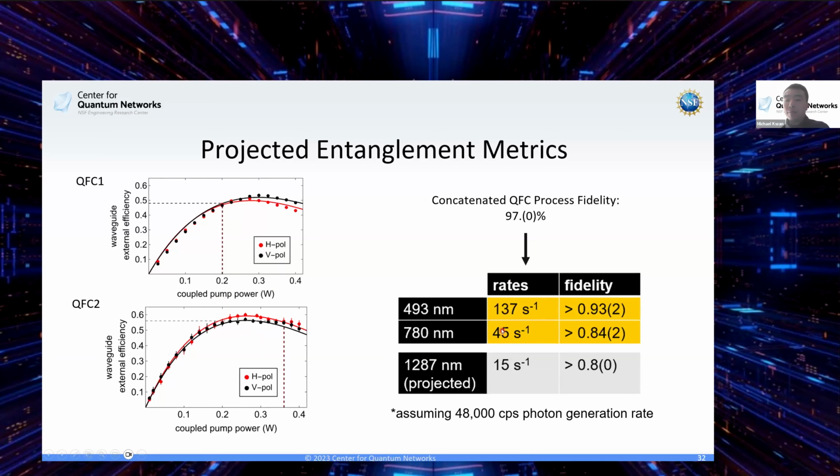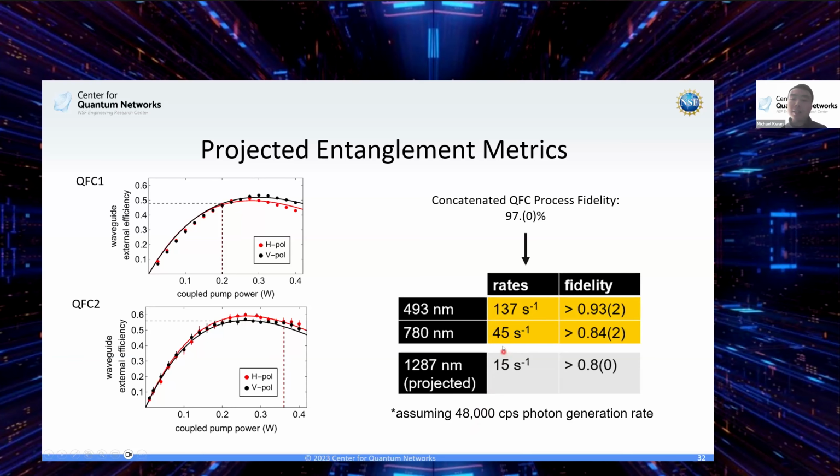That is a hit on our rate, our entanglement generation rate, which is the other metric we use to measure how good our entanglement is. Because we attempt to generate entanglement 48,000 times per second.